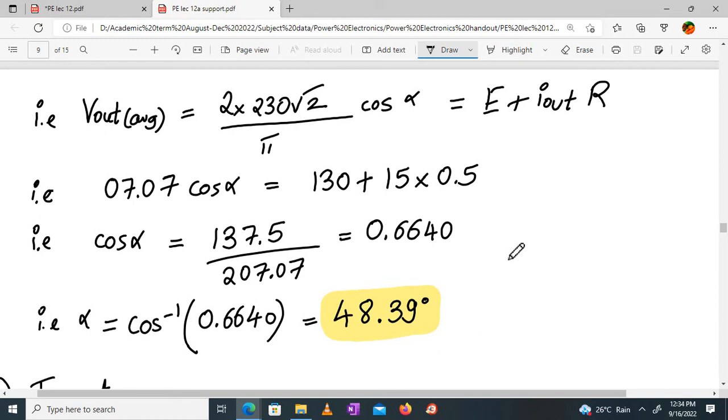Please don't believe in this answer. Verify yourself. It's a very, very important numerical. Understand the concept of converter and inverter for alpha greater than or less than 90. So please calculate and let me know if you're getting 48.39 degrees.